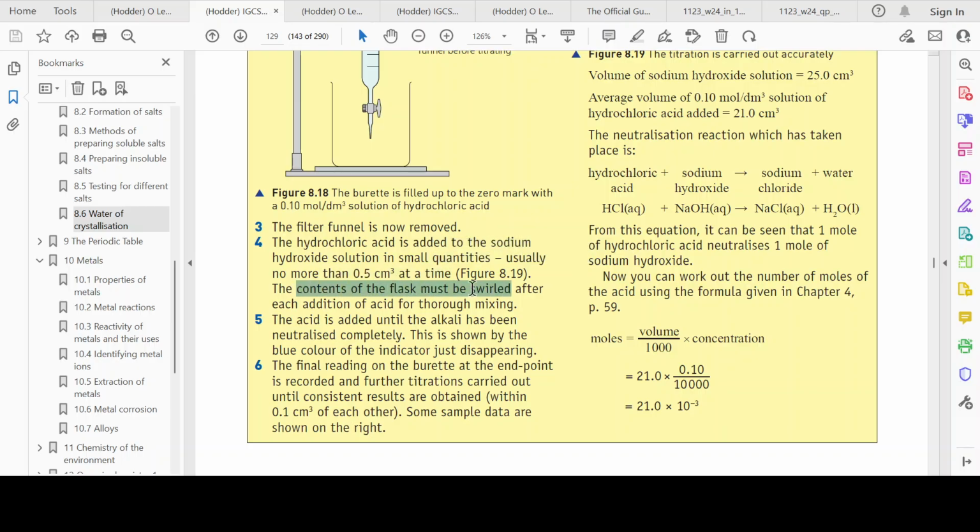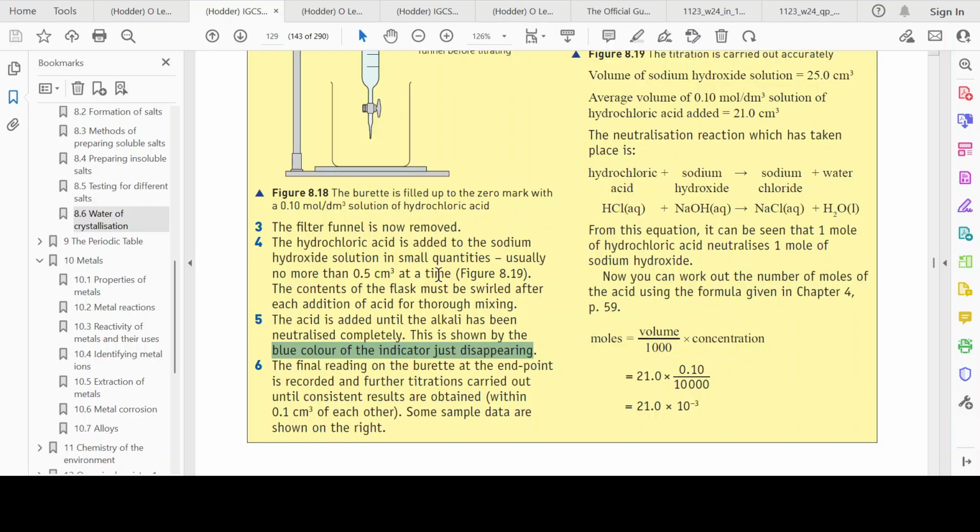The contents of the flask must be swirled so that the acid mixes throughout the alkali. The acid is added until the alkali has been neutralized completely. This is shown by the blue color of the indicator disappearing. Just as it goes colorless, stop.